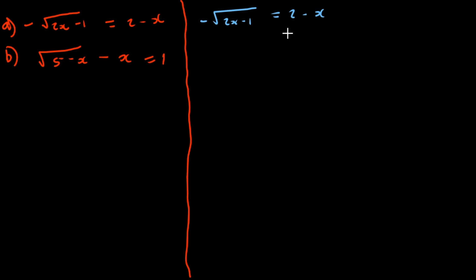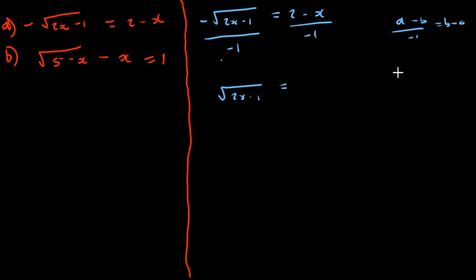I said isolate this. We could have just squared both sides. It's very possible, but I am just sticking to that formula, and we are going to have to divide both sides by -1, and we are going to have root of 2x minus 1 is equal to, here, if you are dividing a minus b by -1, the answer becomes b minus a.